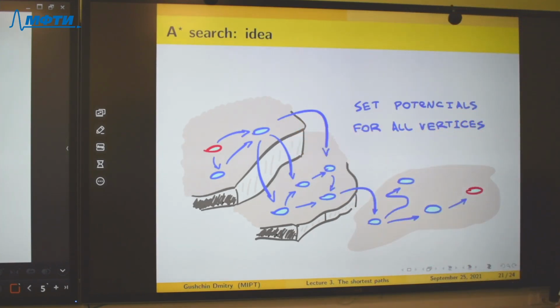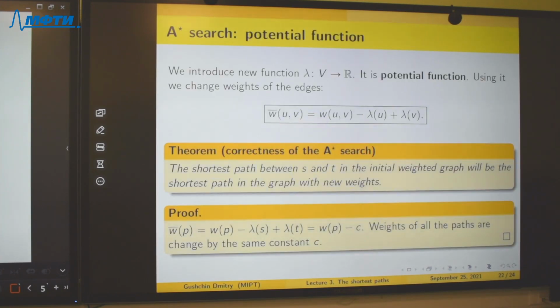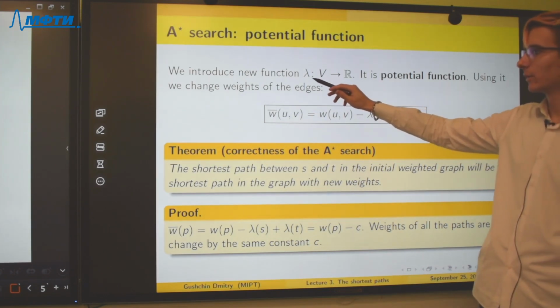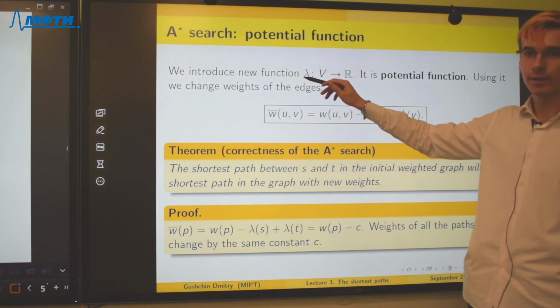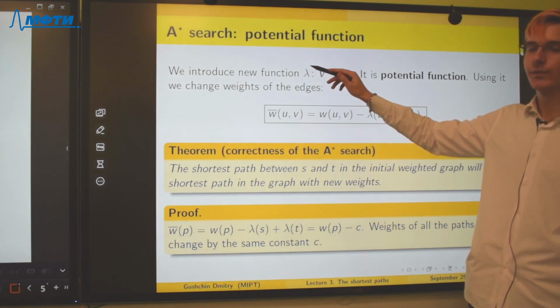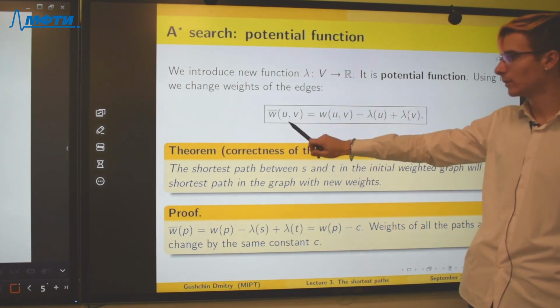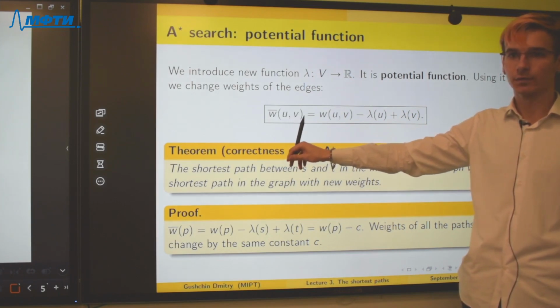This idea is named a potential function. We can set a new function for all vertices, which we name the potential function, and we change weights for all edges.